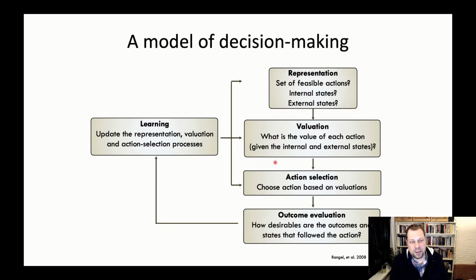At the second level, then, we have an evaluation process that takes place. So what is the value of the outcomes of our actions, or at least the estimated or predicted value of the outcomes?